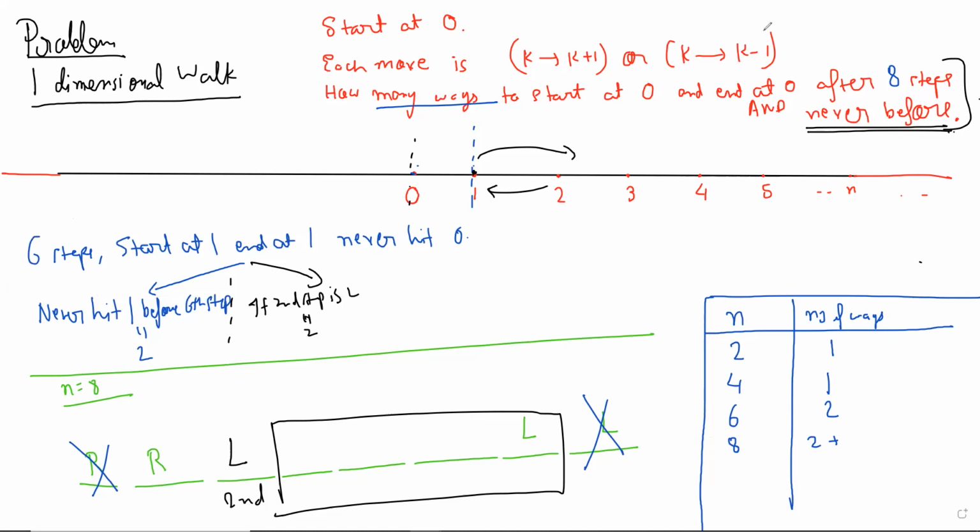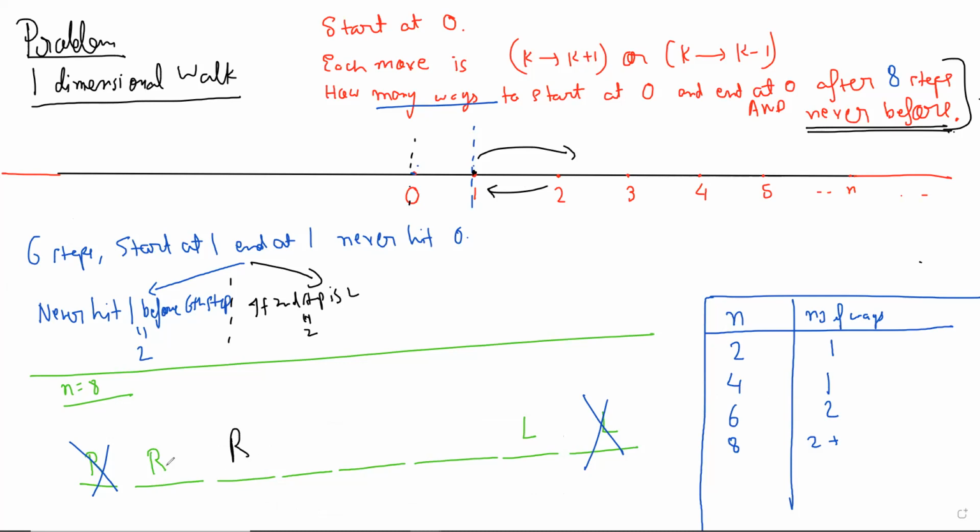Right? And the other case is when this is not L, when this is R. But then you can just work it out with brute force, right? If this is R, then what are the possibilities?